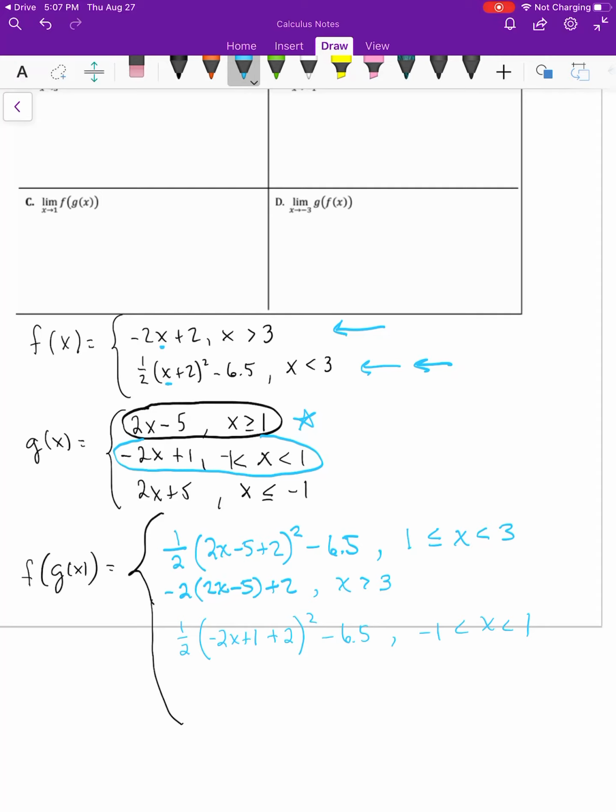And for the last one, less than or equal to negative 1, it again goes into that piece. So we've got 1/2 times (2x plus 5 plus 2) squared minus 6.5, for x less than or equal to negative 1.